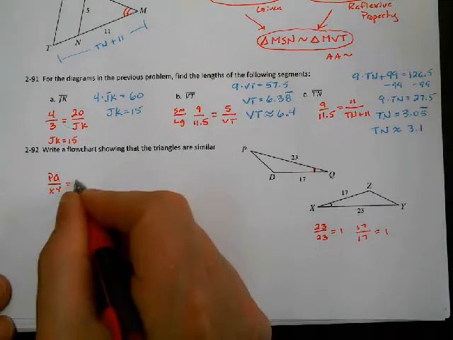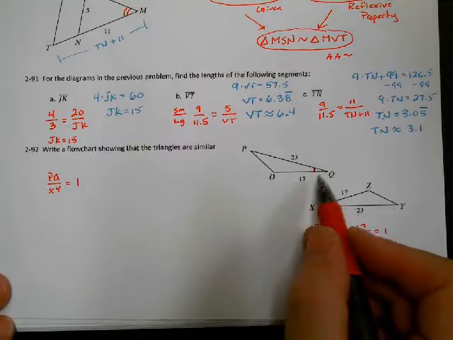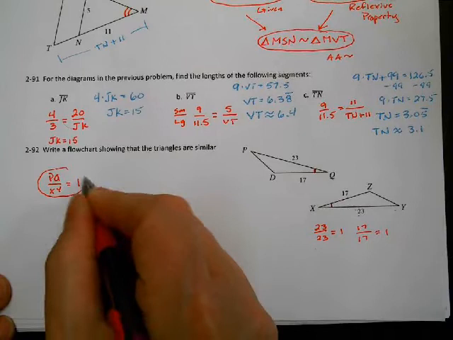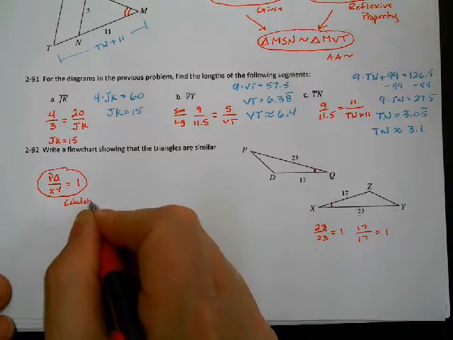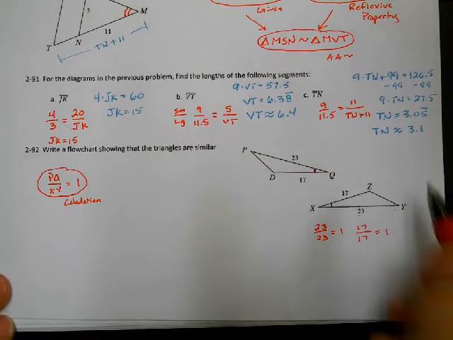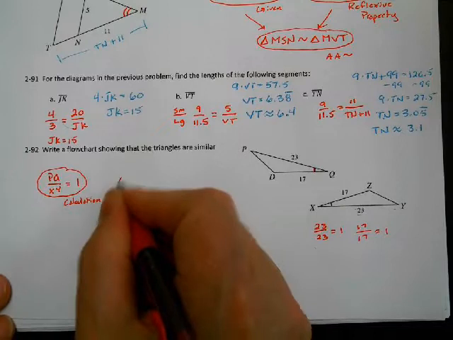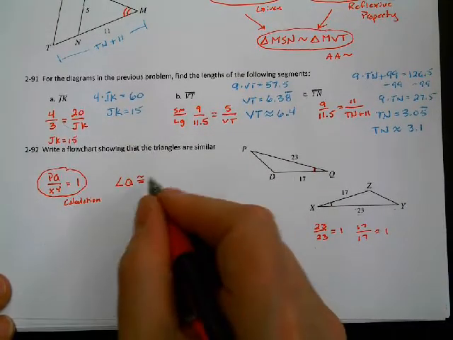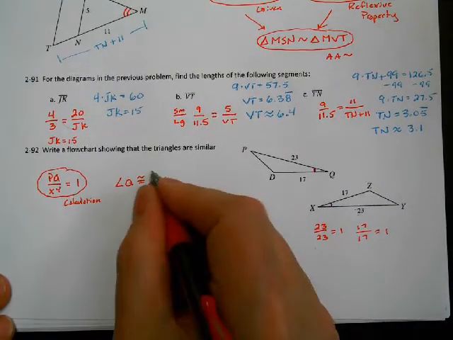And then we know here that angle Q and angle X are congruent. So then remember, this reason was calculation. And then over here, we know that these two angles are congruent because they marked them. That's given to us. So angle Q is congruent to angle X. That is given to us.